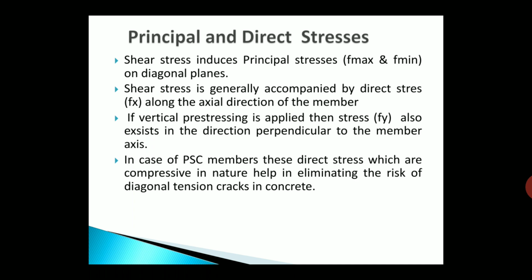This is one advantage of PSC over RCC, that Fx and Fy, the induced stresses, prevent the diagonal tension cracks in concrete. This advantage we don't have in RCC members. Hence we can say that PSC members can resist more shear as compared to RCC members.